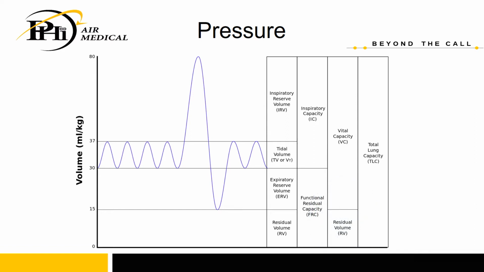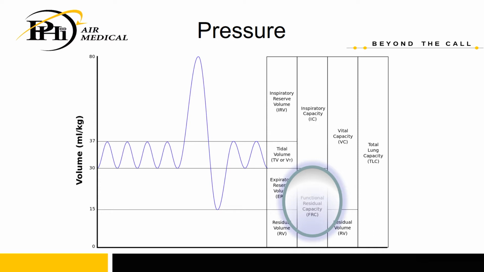But what we can manipulate, what we can help our patients with, is we can adjust and manipulate the functional residual capacity. The functional residual capacity is really our dead space plus our expiratory reserve volume. But when you think of functional residual capacity, the only thing that should come into your mind is the word oxygenation.